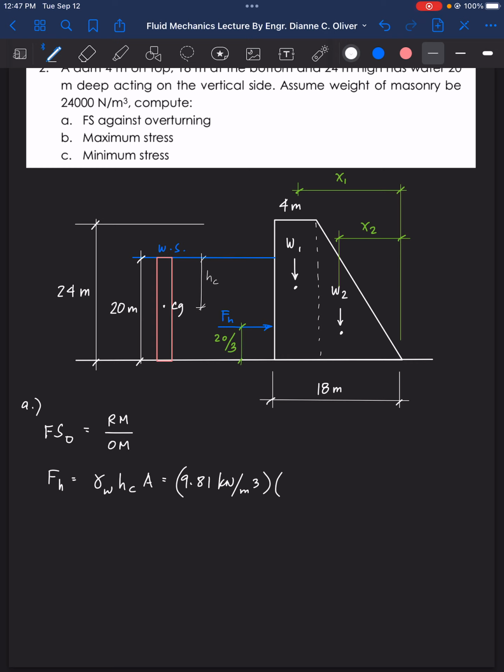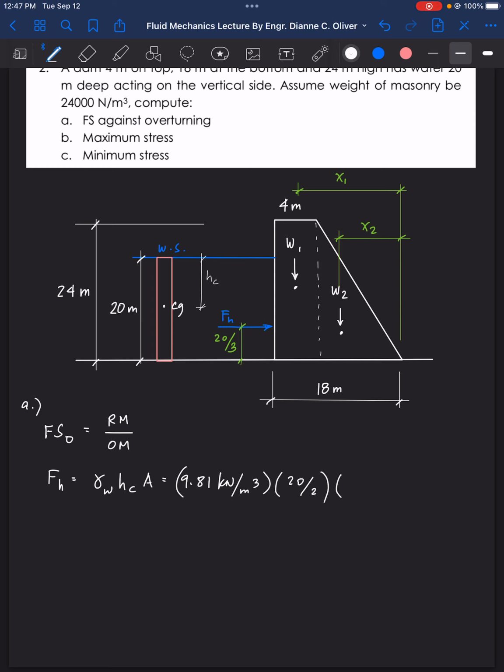And this is HC. So we have HC, 20 divided by 2.